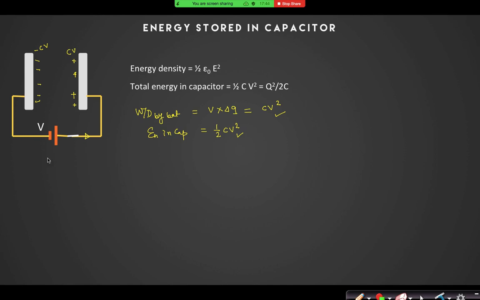And then we take out the capacitor and change the polarity of the battery. Then we find the same energy in the capacitor, half CV square. Now, I have done some positive work in changing the polarity. So where has the work done gone?